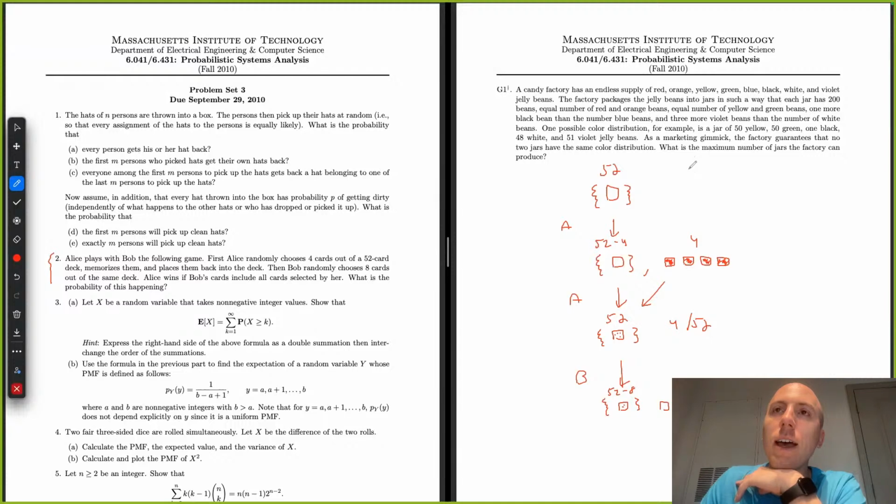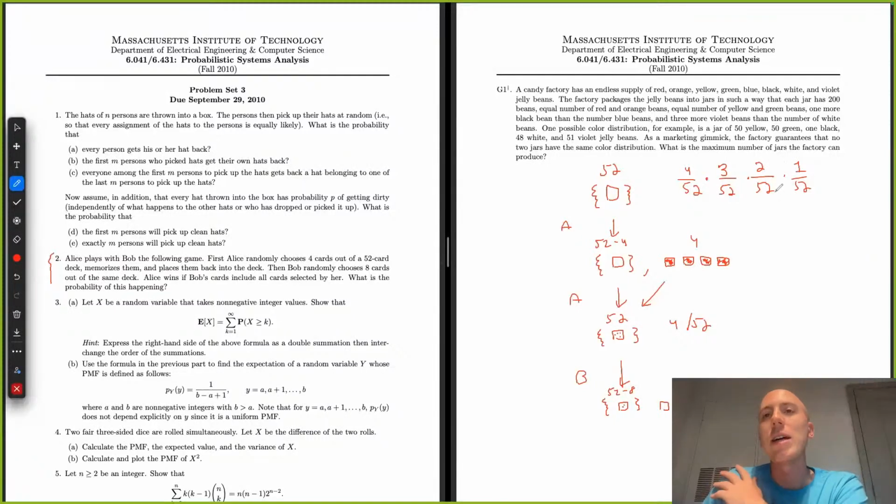So the probability of that happening first is 4 out of 52. And then he has to pick another card, so there's a 3 out of 52 chance. Then a 2 out of 52 chance. Then a 1 out of 52 chance.